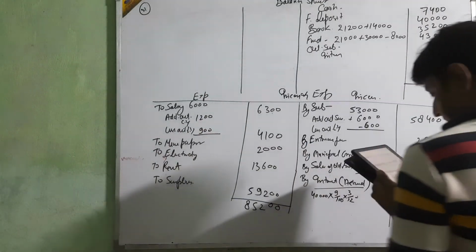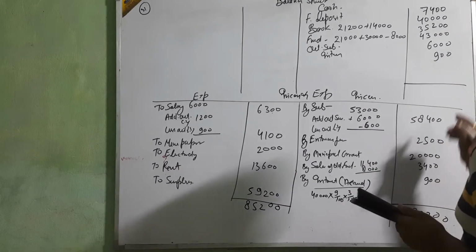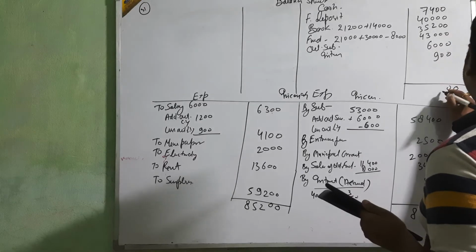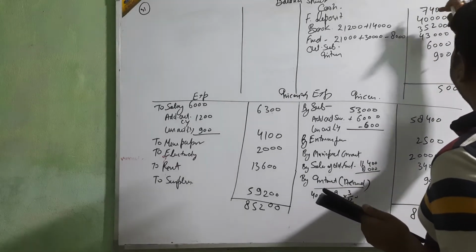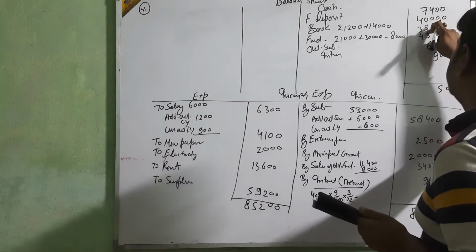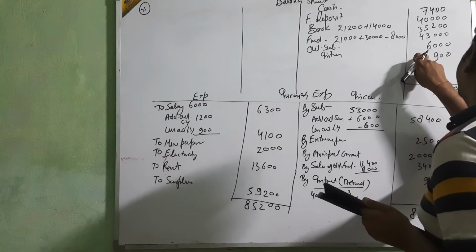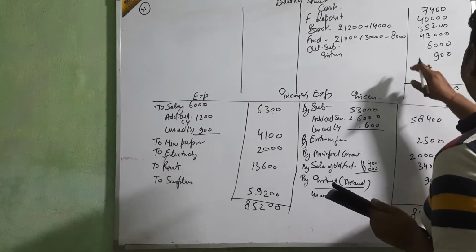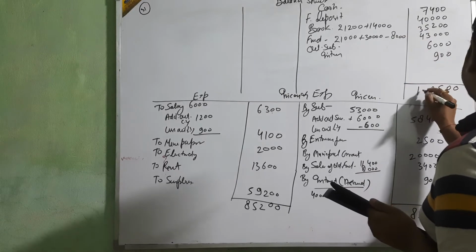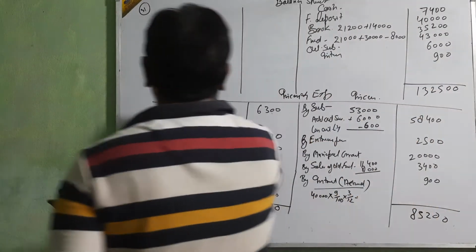Just see, the answer amount is 1,32,500. 0, 5 remain 1, 7, 5, 12, 15, 21, 22, 2 is remain, 4, 14, 13. 132,500. Okay, the asset side came, beta.